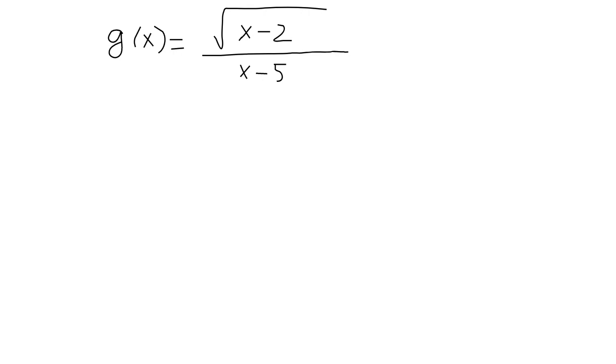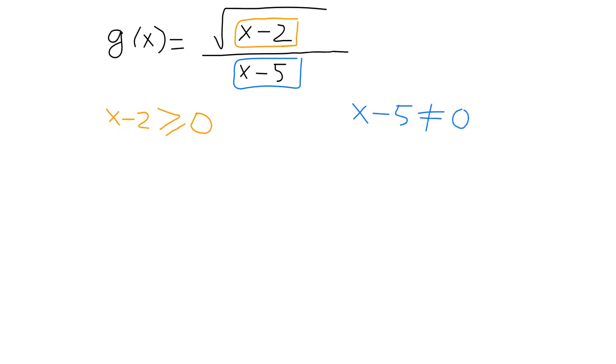You see, I have two conditions. I have to look at this expression. This expression must be greater or equal to 0, right? Then I have to exclude all the zeros of the denominator. So go to the denominator. X minus 5 should not be 0. So these are the conditions that I have to apply, right? Under the radical, it has to be greater or equal to 0.